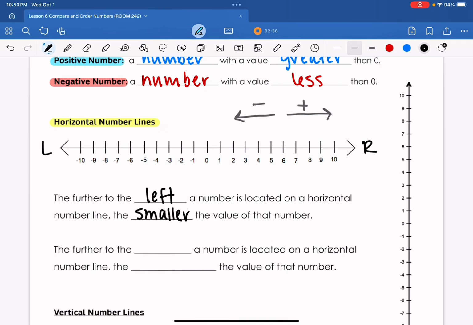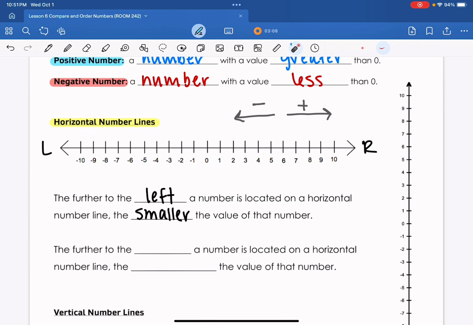Okay, so let's do an example. If I have -1 here, and I'm comparing it to -8, -8 is way further down that line than -1, right? So that shows the further I went to the left, the smaller my number got. If I had -1 here, and I went this way though, the larger my number gets.